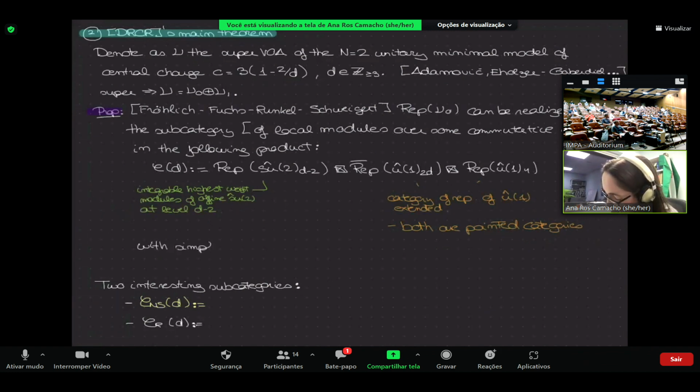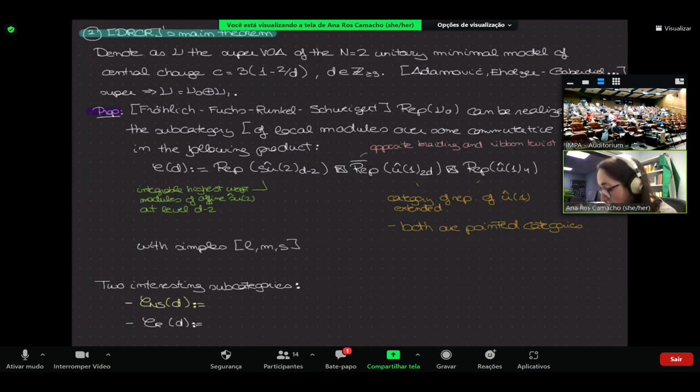But anyways, the simples in this triple product, oh, sorry, I should have also mentioned that by this notation, I mean that I'm taking the opposite braiding and the ribbon twist of the original category. And the simples in this triple product, don't get too intimidated by it, are going to be something really simple.